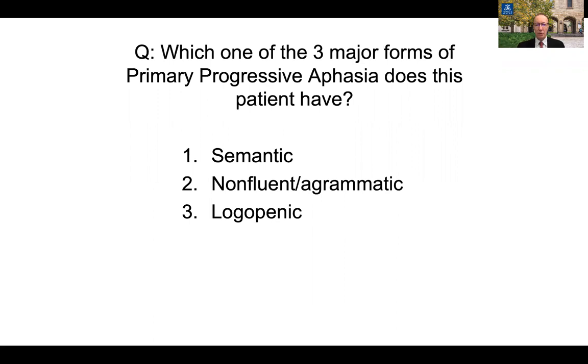One is non-fluent or agrammatic progressive non-fluent aphasia, which is a form of FTD associated usually with tau pathology. And the other is logopenic aphasia, which is associated with Alzheimer's disease. So, which of these 3 forms does this patient have?